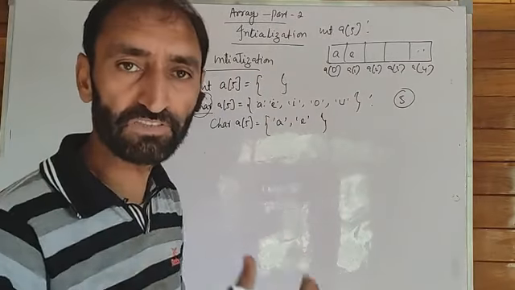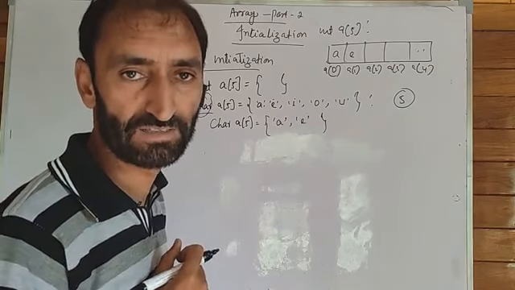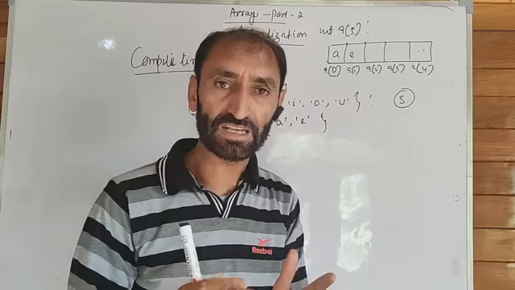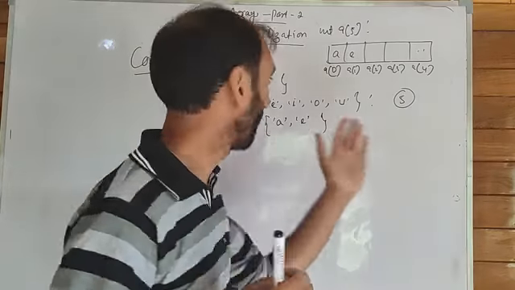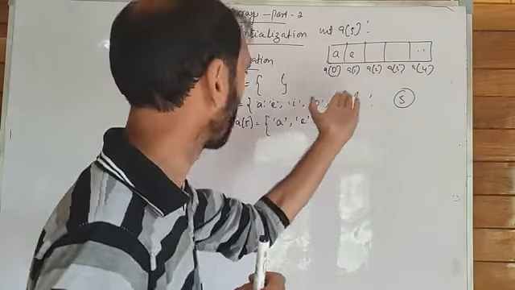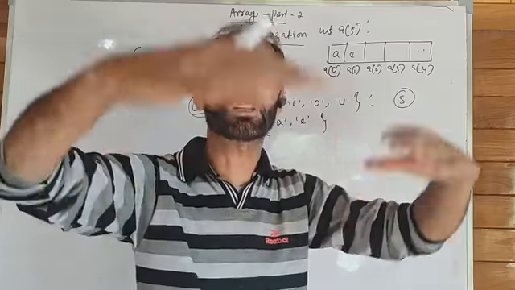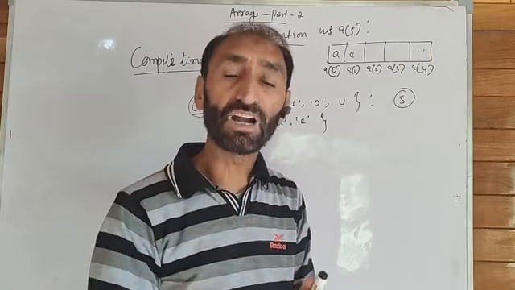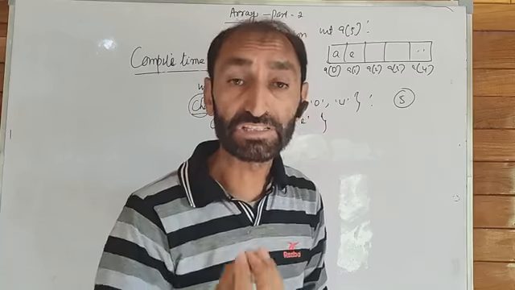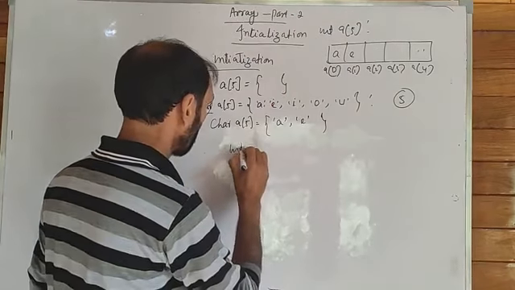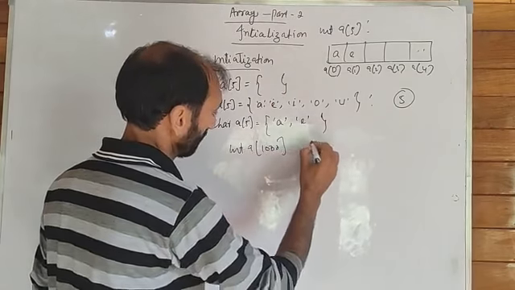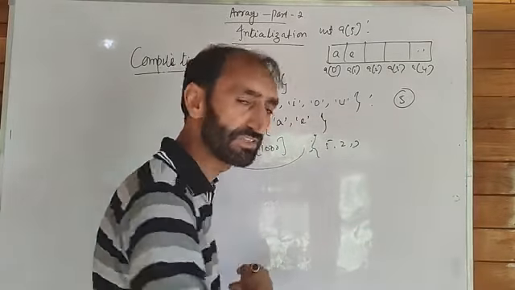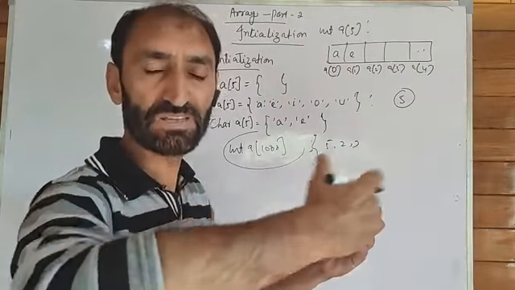Compile time initialization. If we have very little data, for example five elements, we can initialize them. But if we have to insert 100 elements or 1000 elements, initializing an array of 1000 elements at compile time is a time-consuming process, and it also hurts readability.